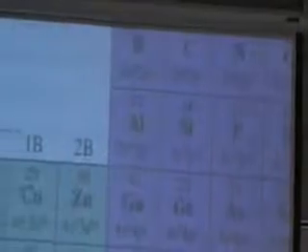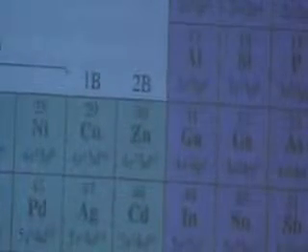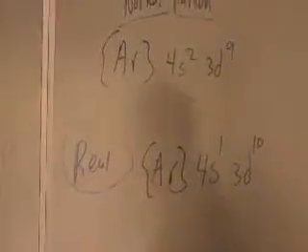What is the real electron configuration for copper? It's an argon core, 4s1, 3d10. Now look at that right there. That is the real measured electron configuration, with lasers hitting atoms in the basement.